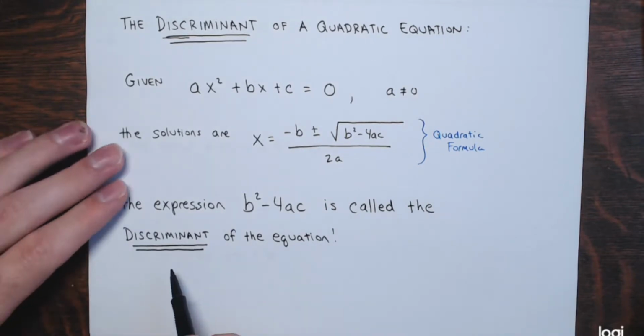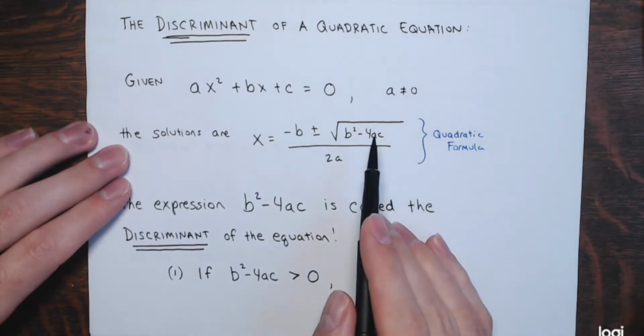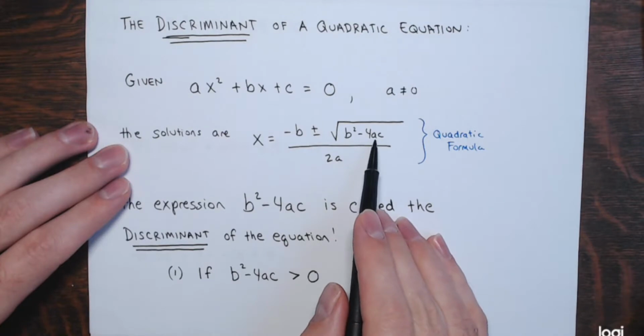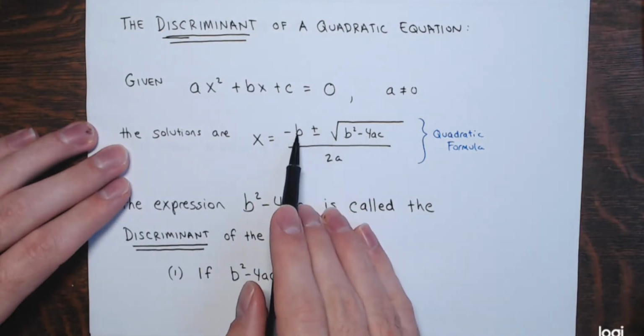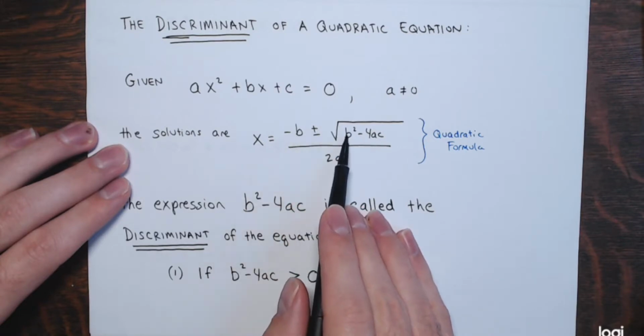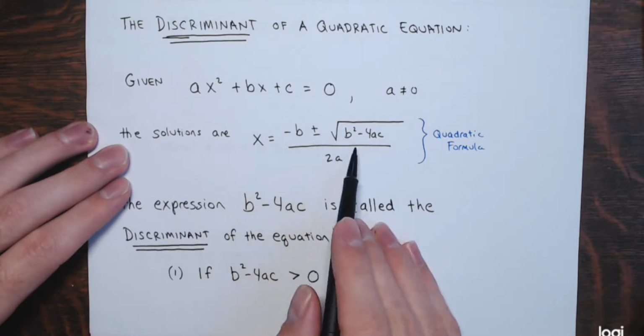So here are the cases. Case 1. If the discriminant, b squared minus 4ac, is a positive number, greater than 0, then you'll have the square root of a positive number in the quadratic formula. And remember, the square root of a positive number is real. So you'll have two real solutions: negative b plus the square root of the discriminant divided by 2a, and negative b minus the square root of the discriminant divided by 2a.